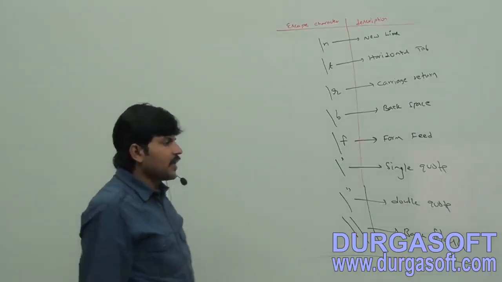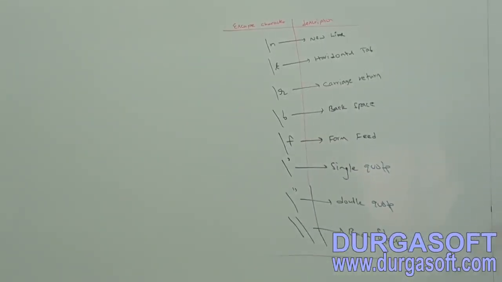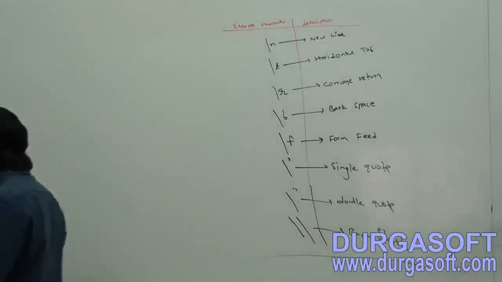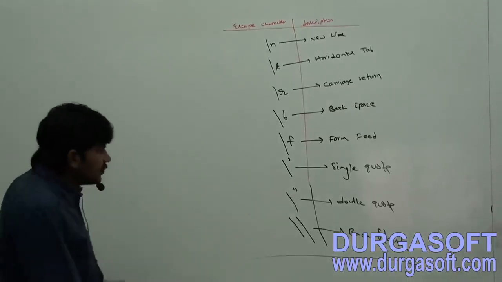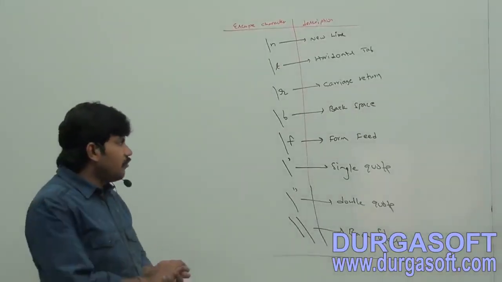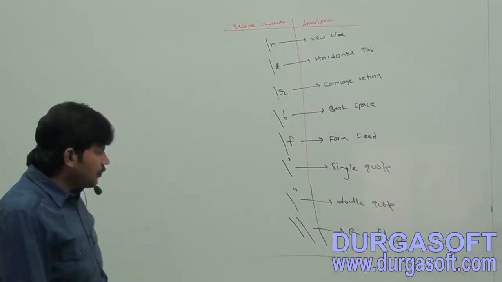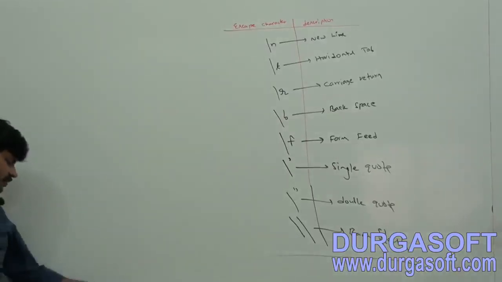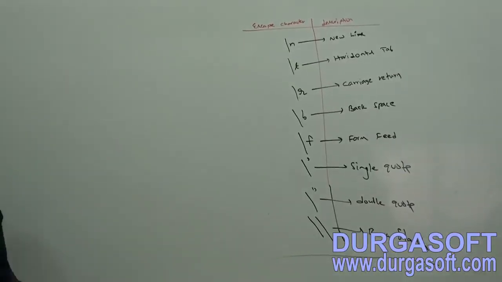These are the various escape characters present in Java. Backslash n new line, backslash t horizontal tab, backslash r carriage return, backslash b backspace, backslash f form feed, single quote, double quote, backslash.